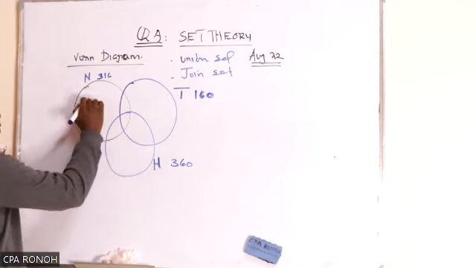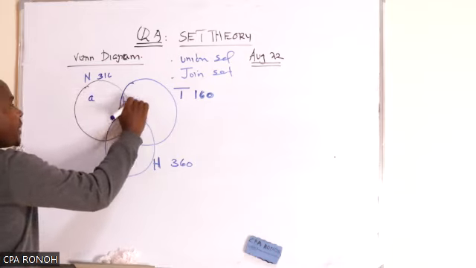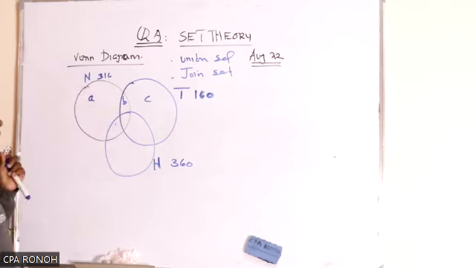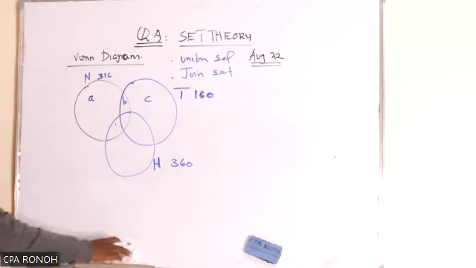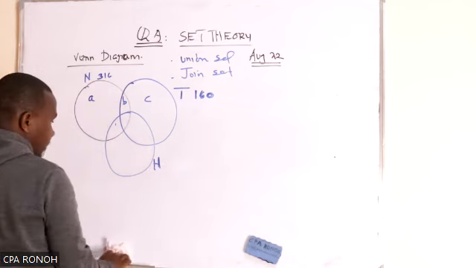So the next step after drawing and naming this, you can label these 3 diagrams. Toyota is 360, and Honda is 160.